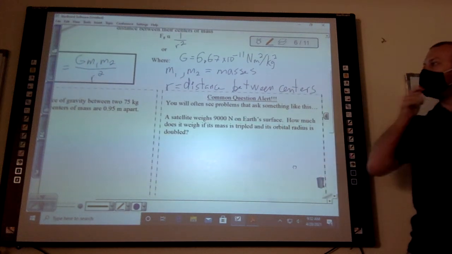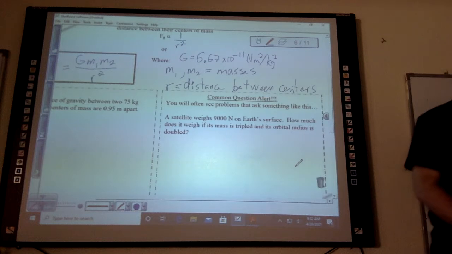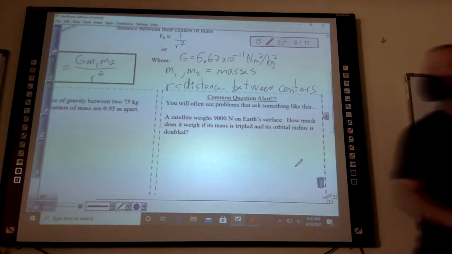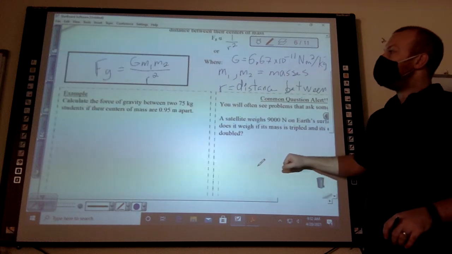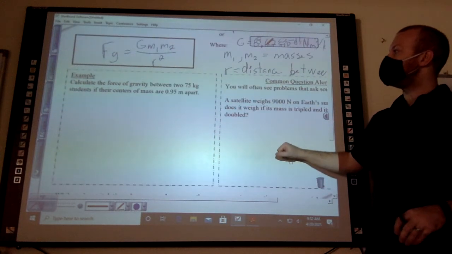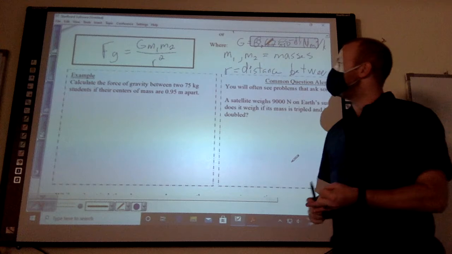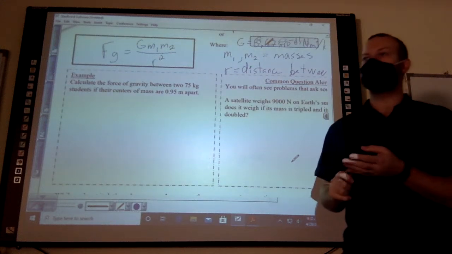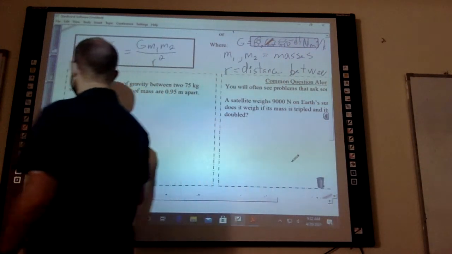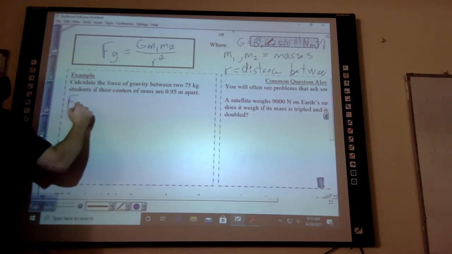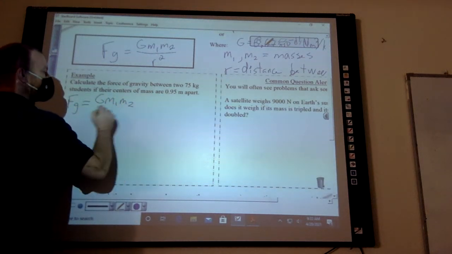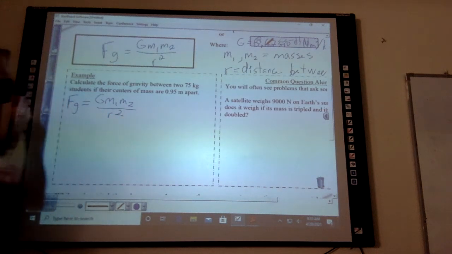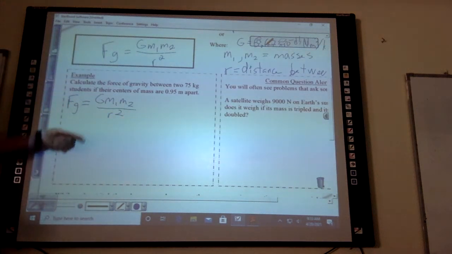So let's give this a go. These questions are going to be pretty straightforward until we get to the centripetal acceleration part. So let's calculate Fg. You have two masses, you've got a radius, so you're just plugging the numbers into the equation. I've got the two masses of 75.